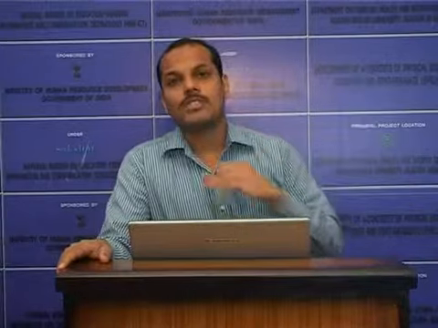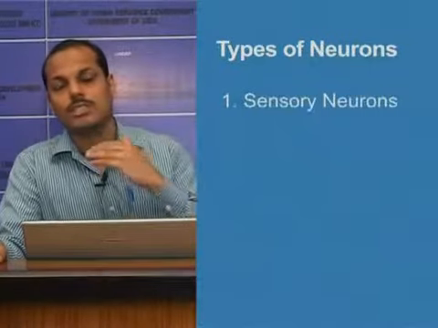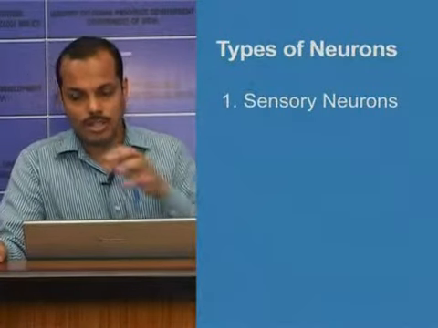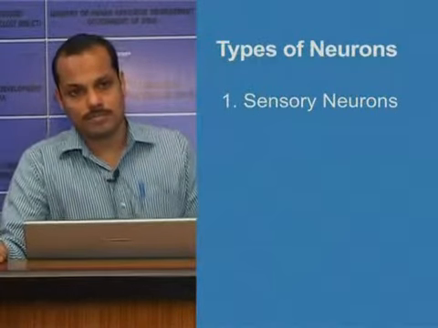Like we discussed about the nerves, there are different types of neurons, mainly based on the location and direction in which the neuron conducts impulses. There are mainly 3 types of neurons. The first one is the sensory neuron, which carries impulses to the central nervous system.